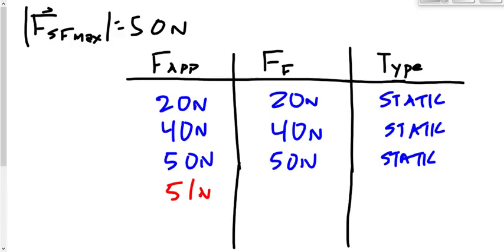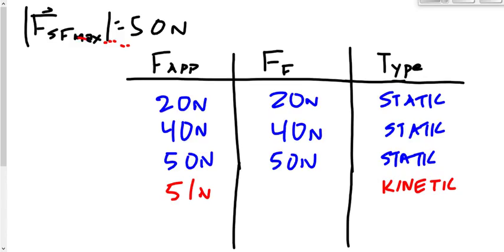I try to keep up with him. He pushes with 20, I push with 20. He pushes with 50, I push with 50. Finally, it says, I'm not going to push any harder. It just gives up and allows the object to move. Now we've got kinetic friction, because now we've exceeded the maximum possible force of static friction.